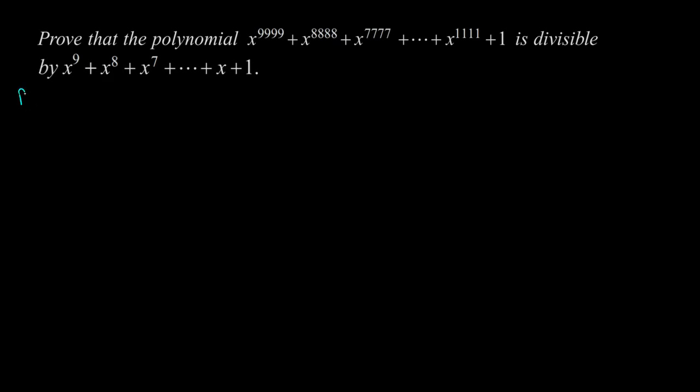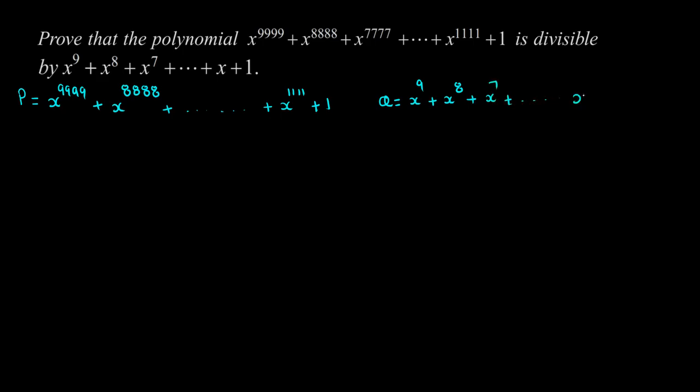So firstly we write p is equal to x raised to power 999 plus x raised to power 998 plus and so on plus x raised to power 11 plus 1, and also I write q is equal to x raised to power 9 plus x raised to power 8 plus x raised to power 7 plus and so on plus x plus 1. Okay, now we subtract q from p.